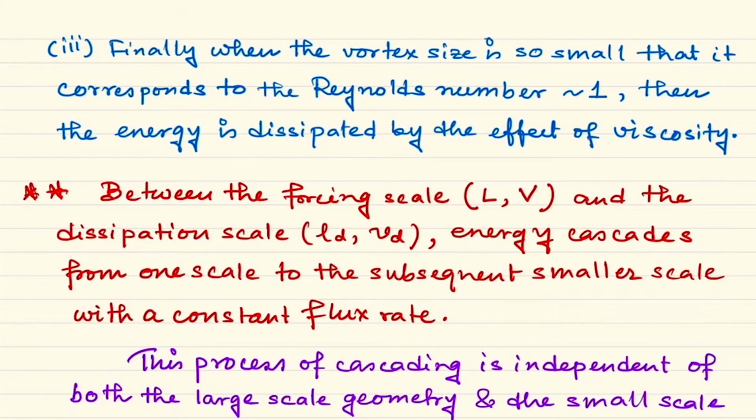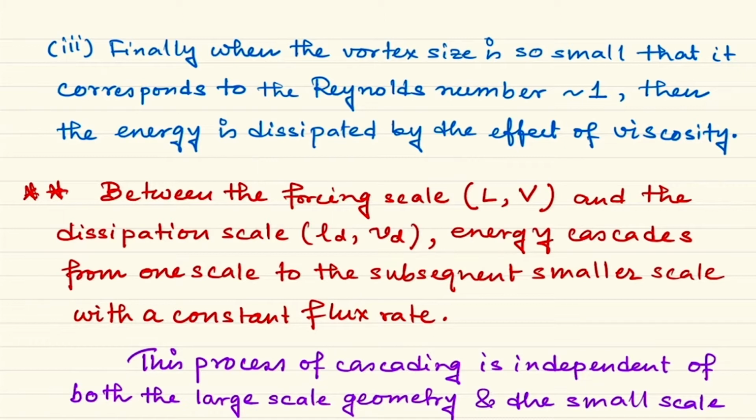Now the point number 3 is that there is a fragmentation process from the larger to the subsequent smaller eddies, and this fragmentation reaches such an extent that the vortex size is very small and corresponds to a Reynolds number of 1. All these things are just our phenomenological assumptions. This is the phenomenological picture, so there is no hard and fast proof for that.